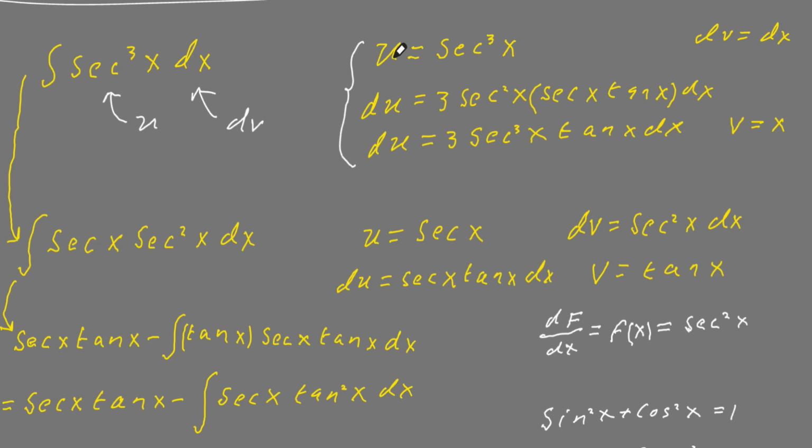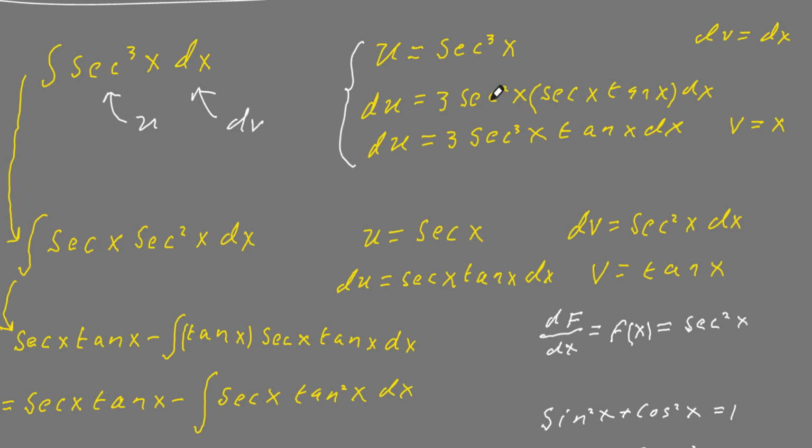I need to calculate du, so I need to take the derivative of this with respect to x. So I need to use the chain rule, but first I need to use the power rule and differentiate with respect to secant x. So that'll give me 3 times secant x raised to the 3 minus 1, which is 2, times the derivative of secant x with respect to x, which is just secant x tangent x, and all that's times dx.